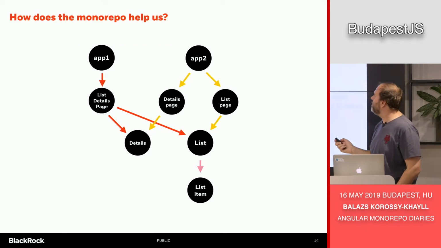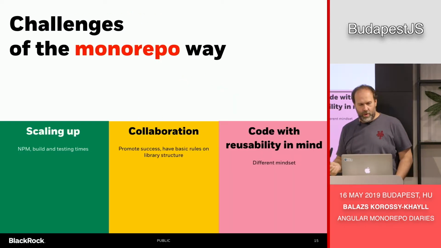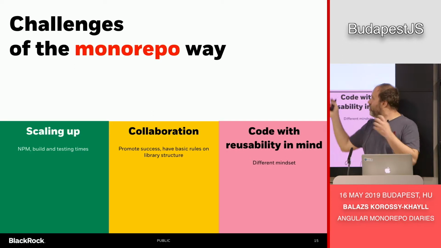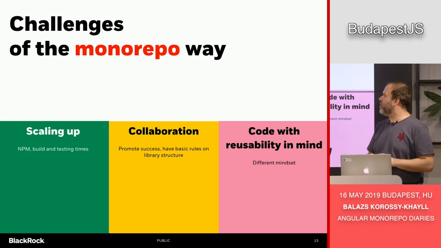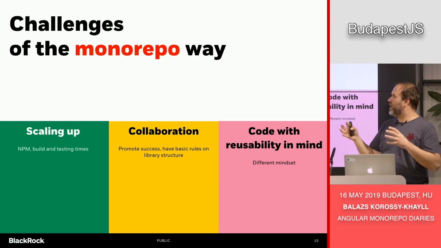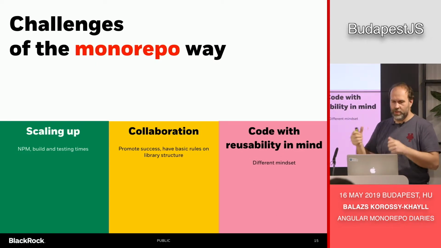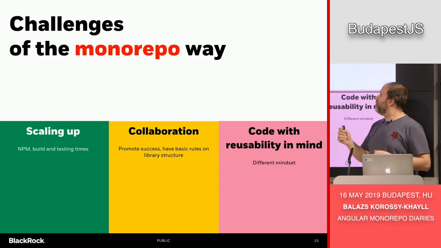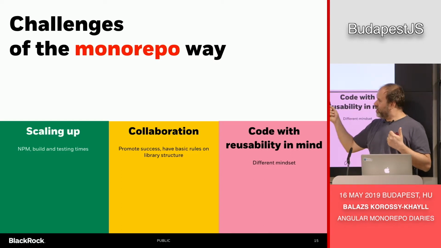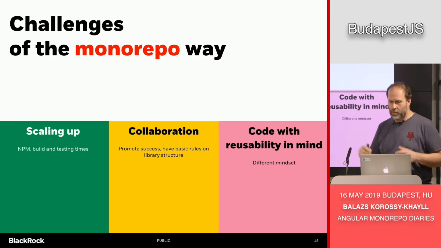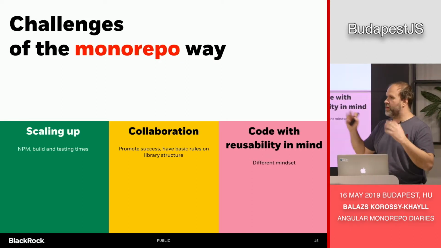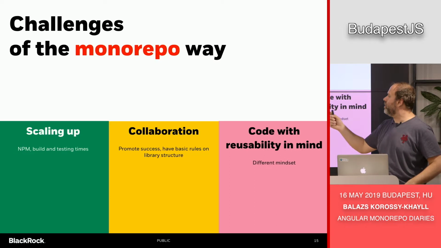Sounds really nice, right? So now I'm going to talk about the challenges that we faced. So we have something similar in our Monorepo, except that we have multiple applications, not just one. So the first thing that I'm going to talk about is how you scale up. So what happens if there's multiple applications in your Monorepo?